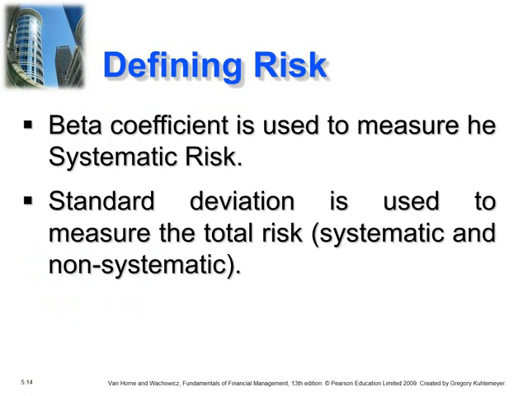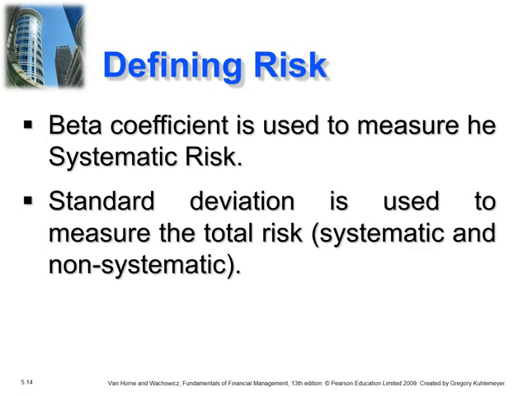Here, we want to ask ourselves a question. Do I have only one measurement for risk? Actually, no. I have different measures of risk. Beta coefficient is used to measure the systematic risk, but standard deviation is used to measure the total risk, systematic risk and non-systematic risk, so it's more cautious.